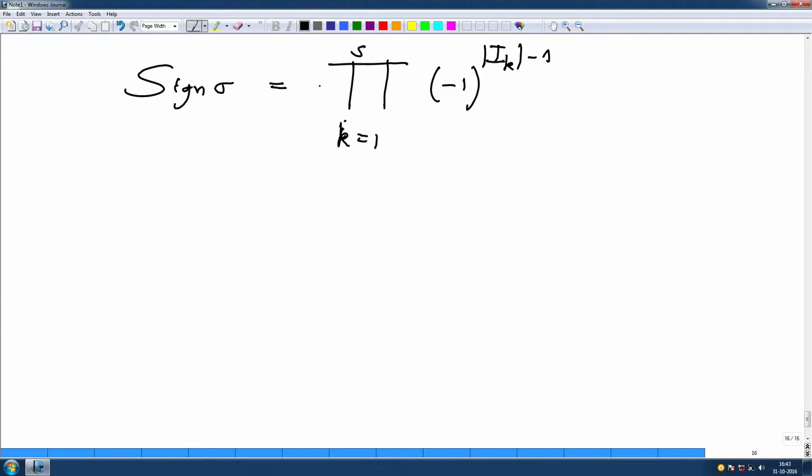So, therefore, what is this? Therefore, signature is the number of orbits of even cardinality.